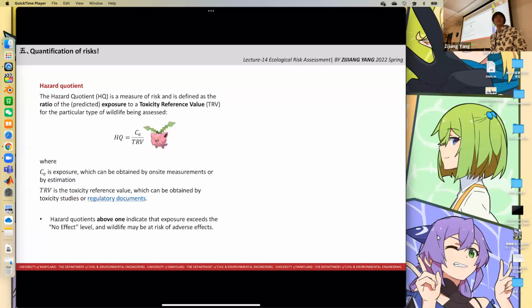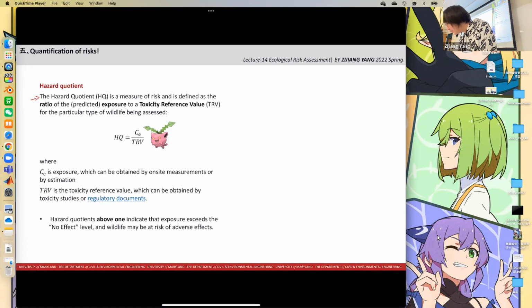One of the simple methods to quantify the risk is the hazard quotient. We did some calculations about this in the Monte Carlo simulation lab.